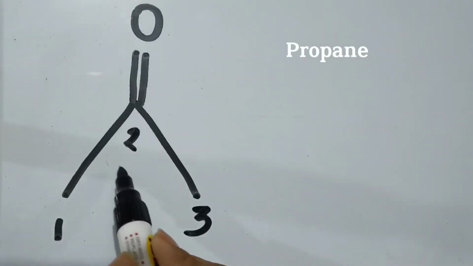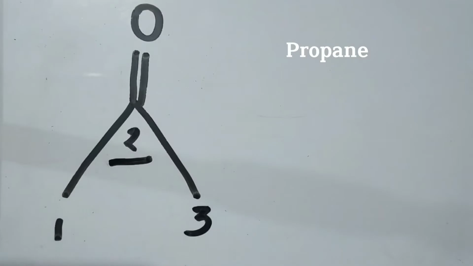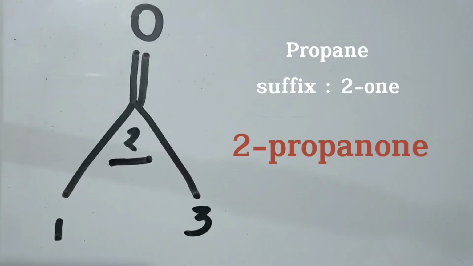And our ketone group is at the second position. Therefore, the suffix is 2-one. If we put this all together, in propane, drop the e and add -one, and put the 2 in front of propanone. Final name, 2-propanone.